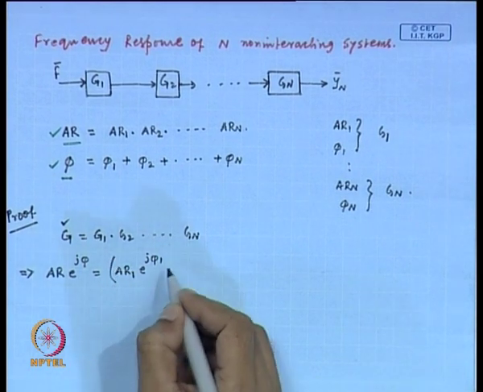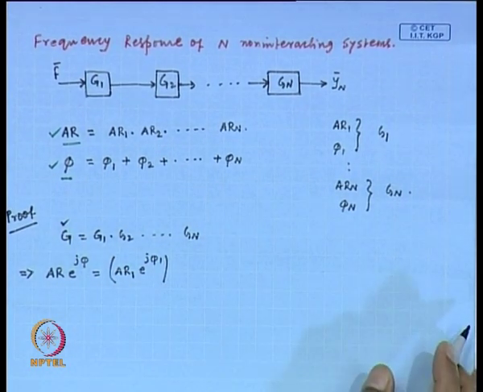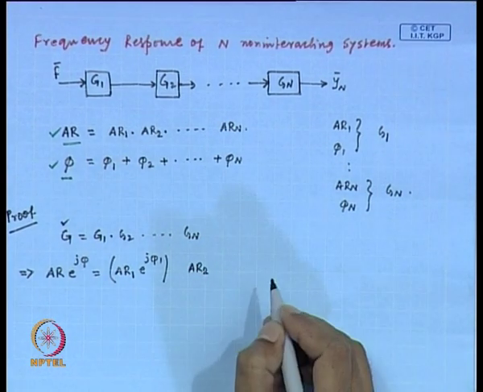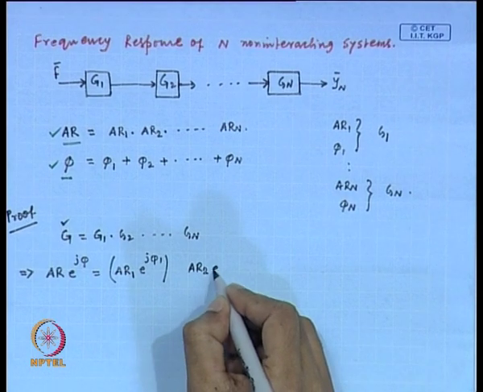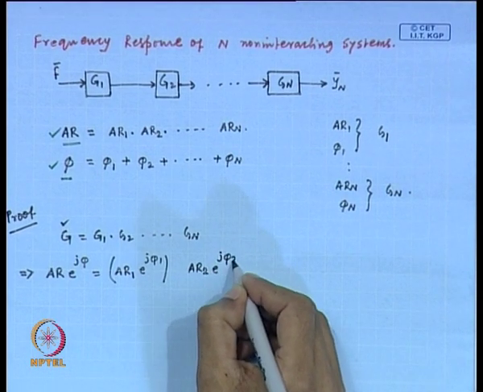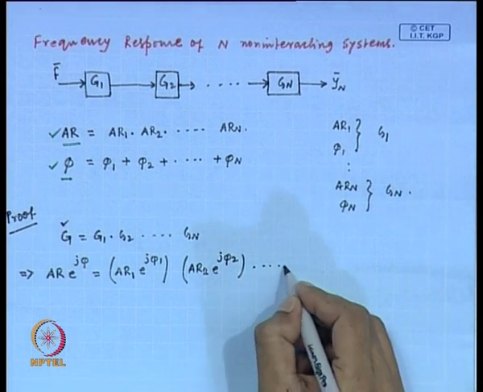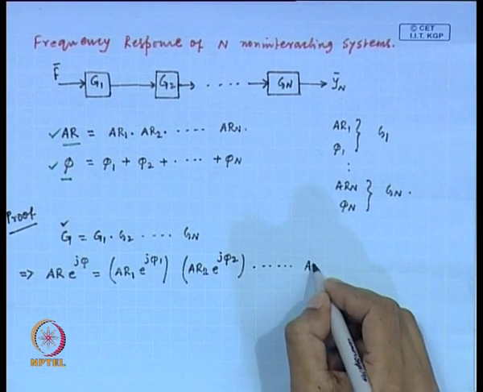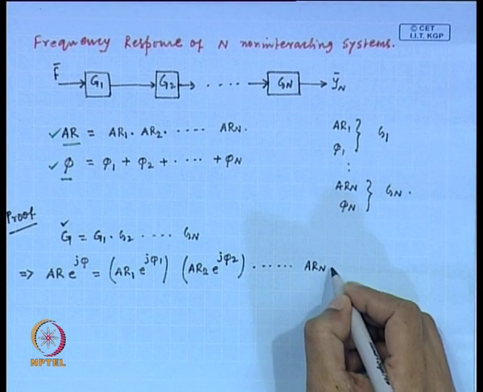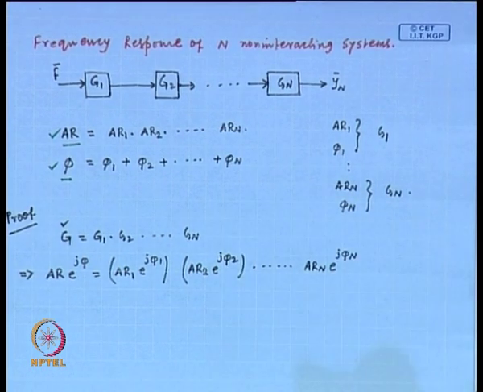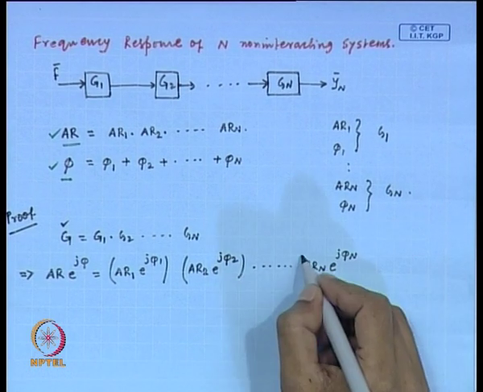For G2 similarly, we can write amplitude ratio 2 exponential j phi 2. By this way, the Gn becomes amplitude ratio n exponential j phi n. Fine.